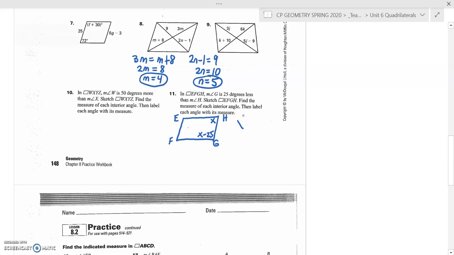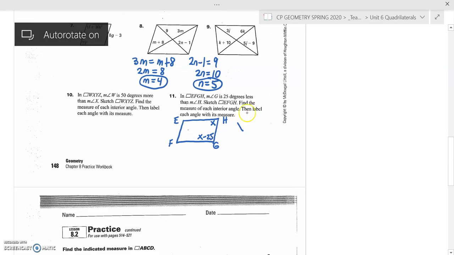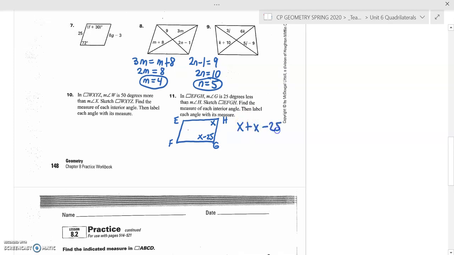So add them up, set them equal to 180. X plus x minus 25 equals 180. And in solving that, my next line, I have 2x minus 25 equals 180. And continuing to solve, 2x equals 205. So therefore, x equals 102.5.